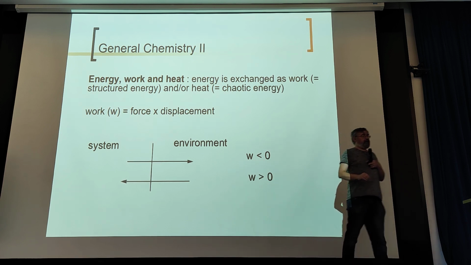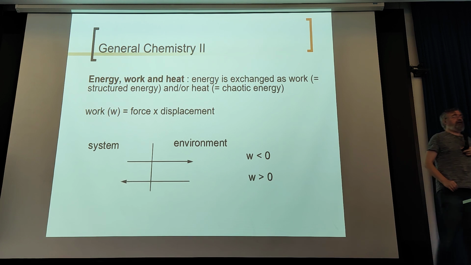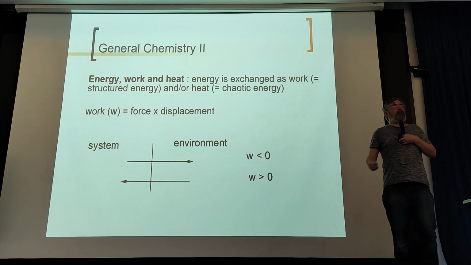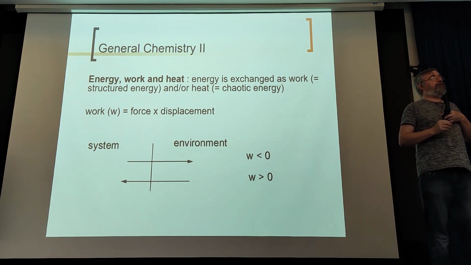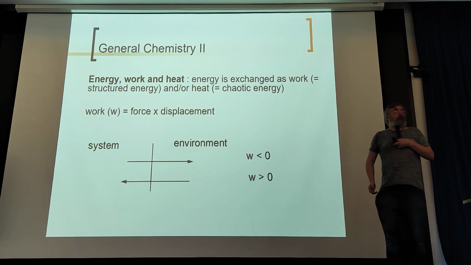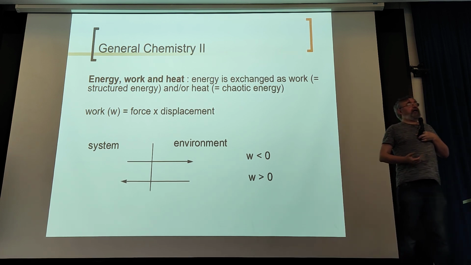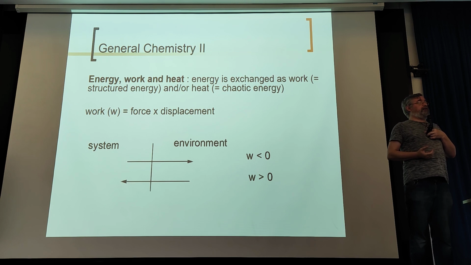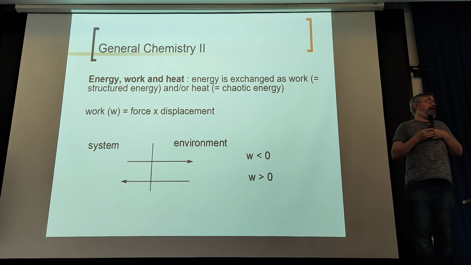Now it's a positive sign instead of a negative sign. In thermodynamics, it's very important to know the direction of the arrow. So to know whether it is going from the system to the environment or from the environment to the system. By the way, work, typically, would be like some kind of force that you exert over a certain distance.